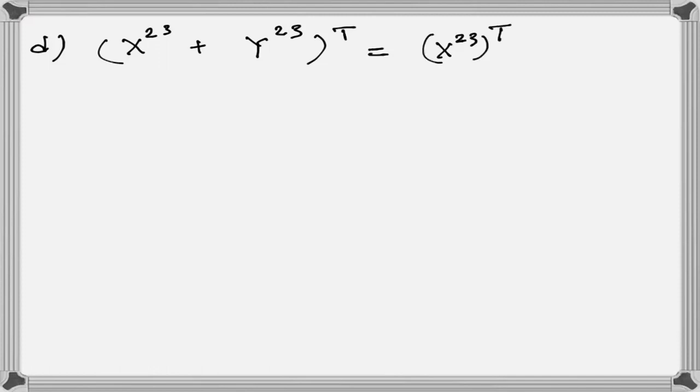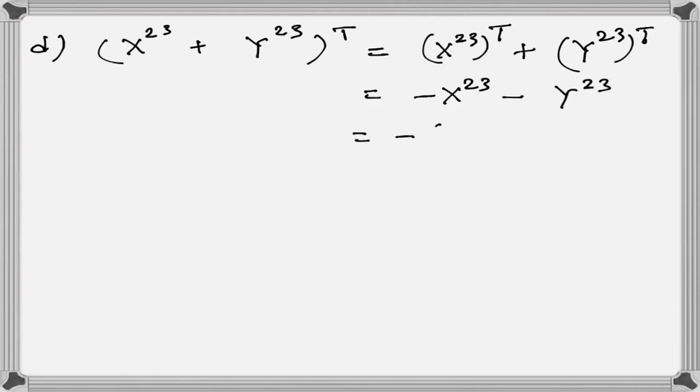Okay, so let's go to the last part, D, which is also simple. It is x to the power 23 plus y to the power 23. If we take a transpose, because x and y both have odd powers, this is nothing but x to the power 23 transpose plus y to the power 23 transpose, and this is nothing but minus x to the power 23 minus y to the power 23.